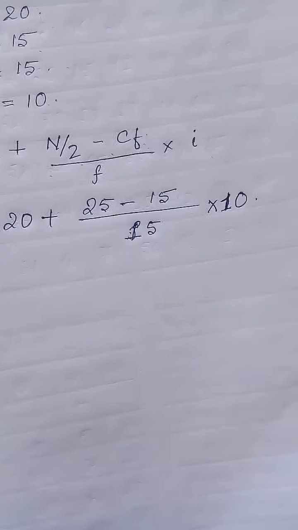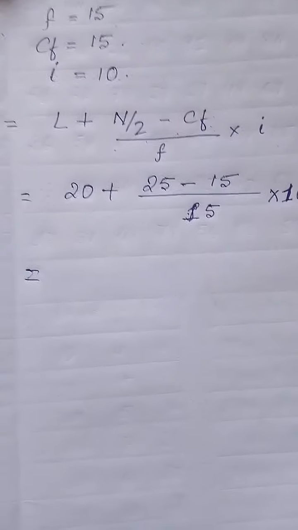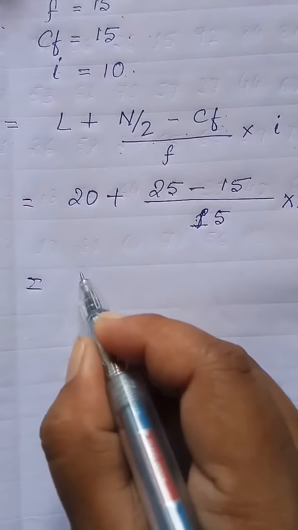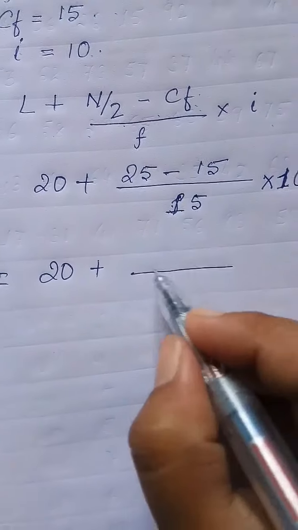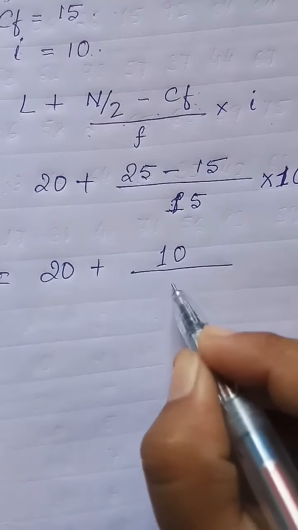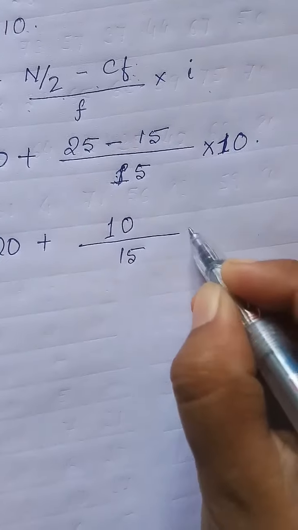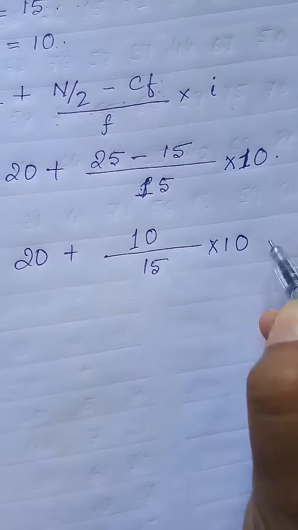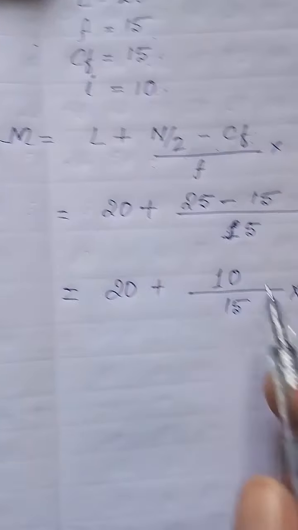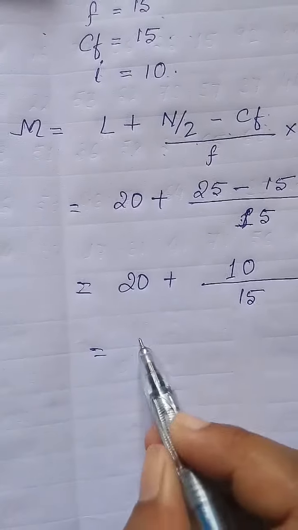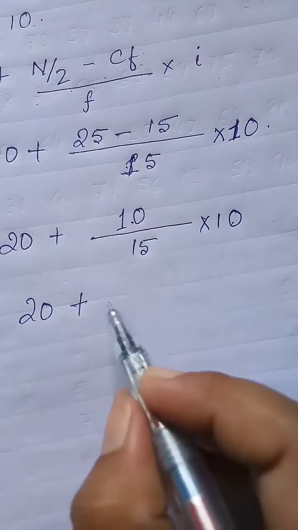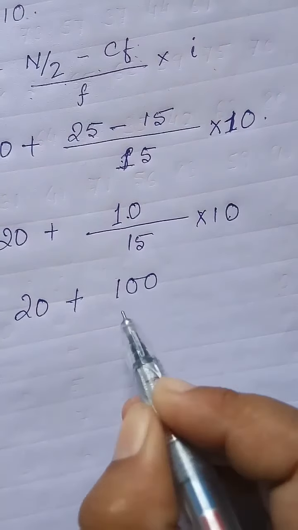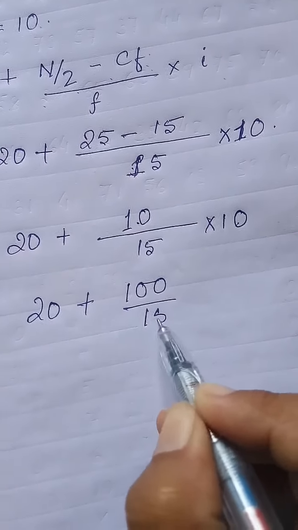Now we will do the calculation. 20 we write again 20, 25 minus 15 is 10, divided by 15, into 10. Then again 20 plus this 10 into 10, that is 100, divided by 15.